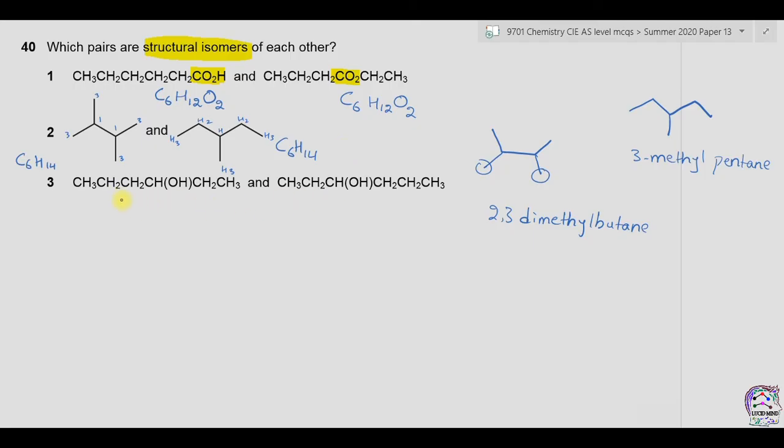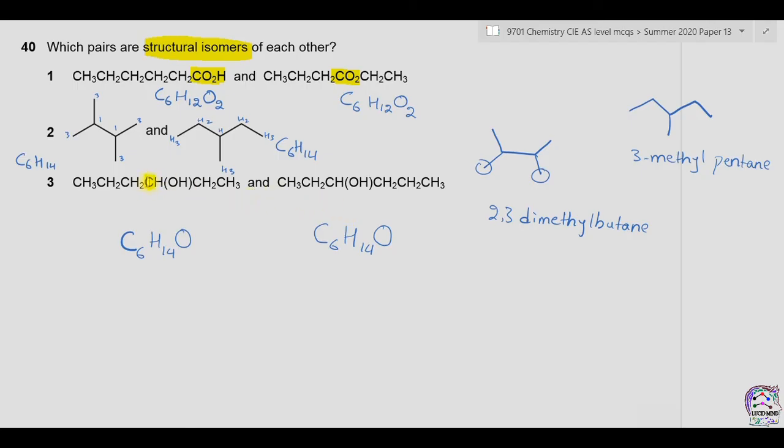For third option we can see the molecular formula first. So we have 6 carbon atoms, 14 hydrogen atoms, 1 oxygen atom for this compound. For this compound we have 6 carbon atoms, 14 hydrogen atoms, 1 oxygen atom. Now let's name this one.